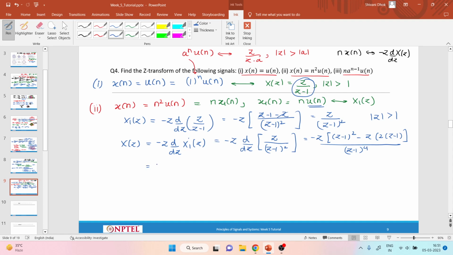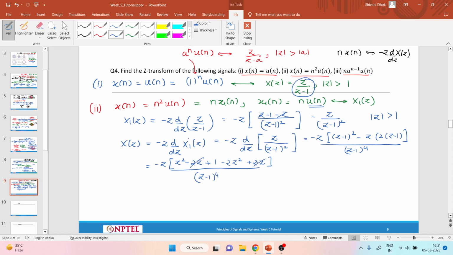This we can simplify as minus z, inside the bracket z square minus 2z plus 1 minus 2z square plus 2z, whole divided by z minus 1 to the power 4.